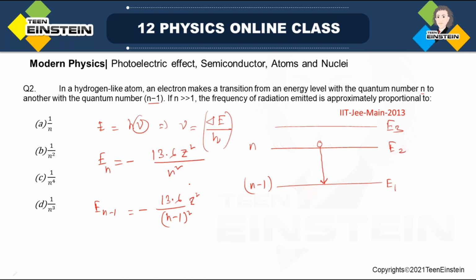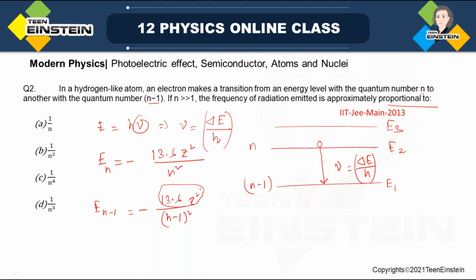This is Z square, because this is a hydrogen-like atom, not the hydrogen atom. If it would have been hydrogen atom, then Z is equal to 1. This you know. Now we have to find nu. Nu means I am just taking the difference between the energies of the levels divided by h. So this is what I have to do. Now you have to find out approximately proportional to, not the exact value.